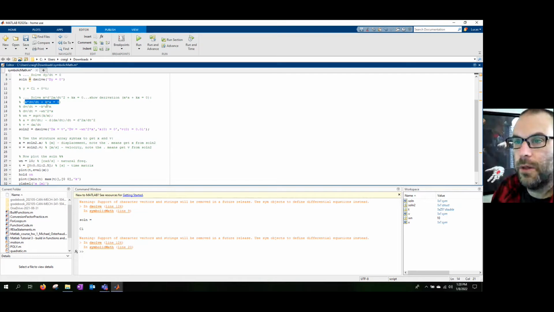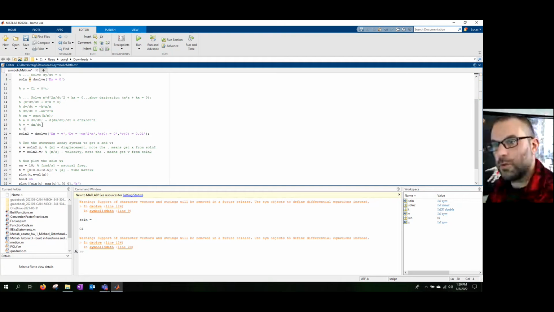I plugged that in here, and then rearranged it to solve for dv/dt equals minus k times x over m. This equation solves for velocity as a function of time. But you also need this equation, which I'm just going to rewrite in the same format: dx/dt equals v. So we can solve for x, which is the position as a function of time.